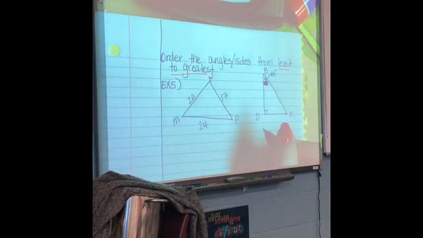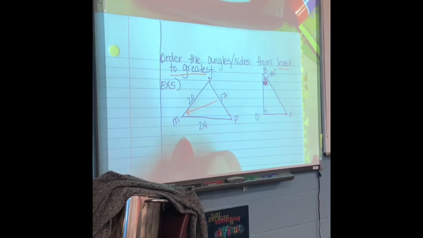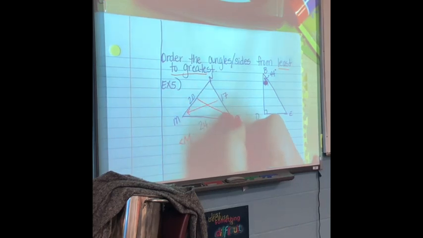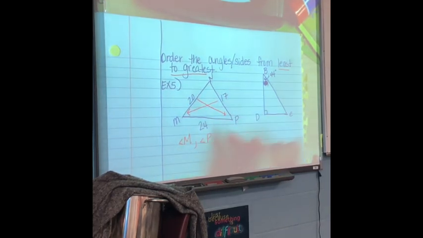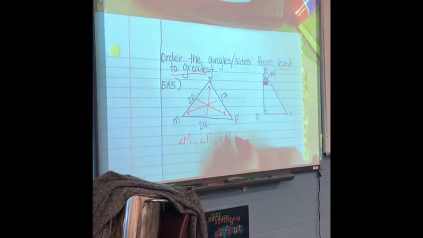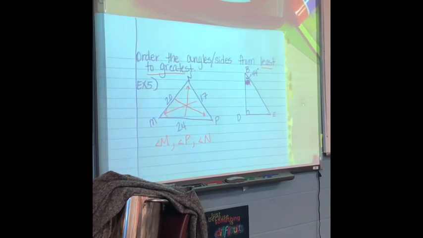So that least would be side NP, or the 17 length, and it's going to be opposite angle M. All right, what's the next shortest side length? 20, which is side MN, and it's going to be opposite angle P, which leaves my longest side measure, 24, and it is opposite angle N. Everybody good there?